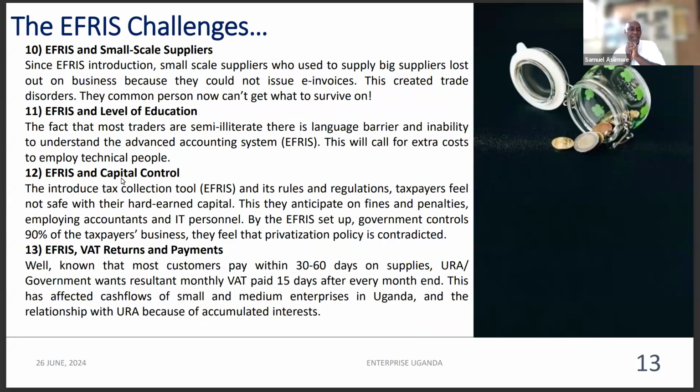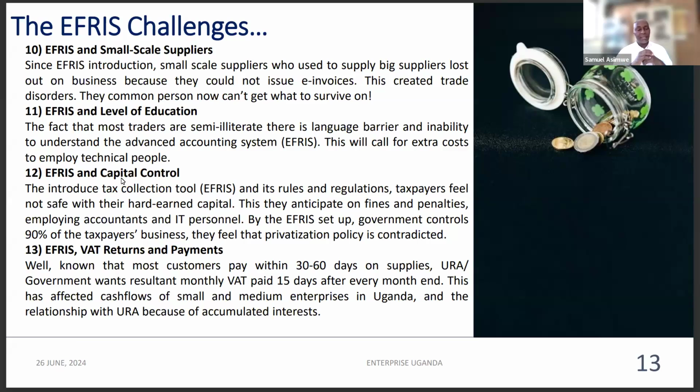is the small-scale suppliers. Since the EFRIS introduction, small-scale suppliers who used to supply big suppliers lost out on business because they could not issue invoices. I'm talking about this small supplier, this person who makes cakes at home and has been supplying the cakes to a supermarket, but the supermarket is on the condition that you have to purchase from a person who is VAT registered.